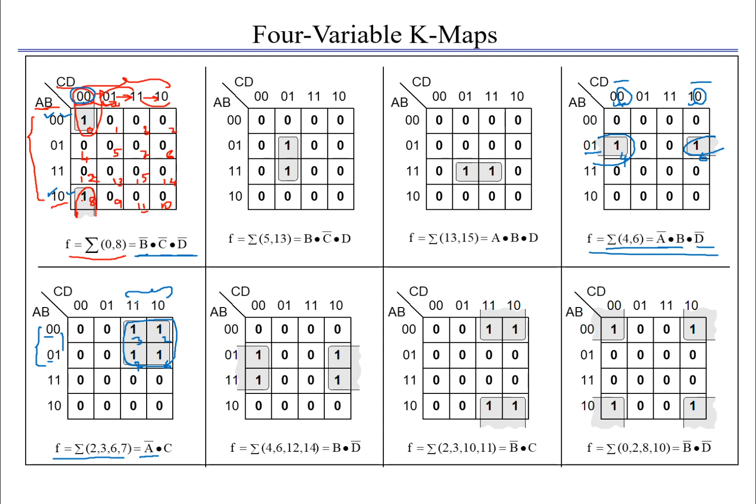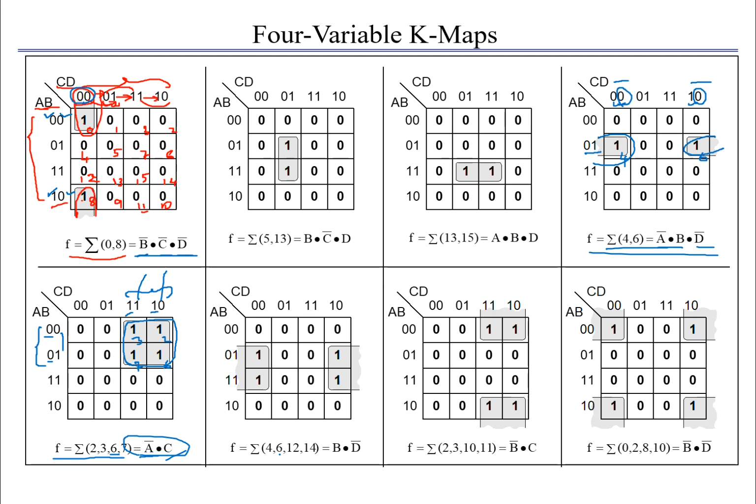In the same way for CD, your C is common for both the cases and it is equal to 1. Hence we are writing it as C here. And if you refer to the D, this is your value of D, 1 and 0. As it is varying between 1 and 0, it turns to 1 during your simplification. Hence it is not necessary to consider. Thus the simplified Boolean equation for this function is A bar C.